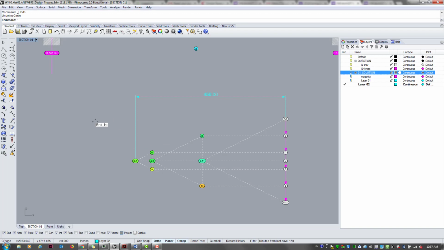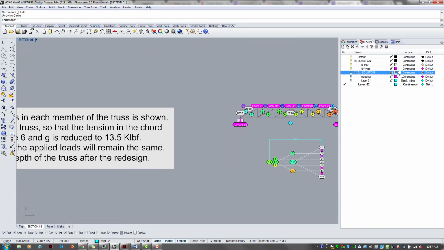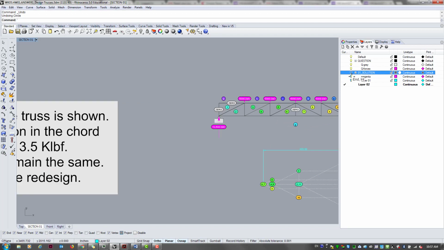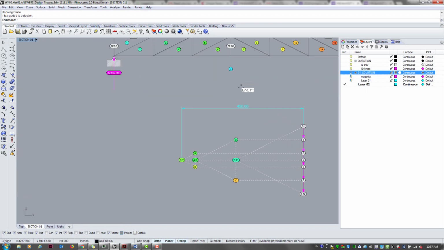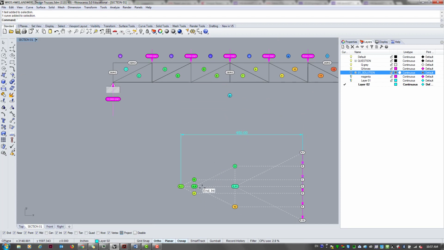So yes, basically in the problem I'm asking to set the tension in this member that's between 6 and G, which is currently 45K, right? And applying this force scale, so force in 6G was determined by the length or distance between 6 and point G, right?